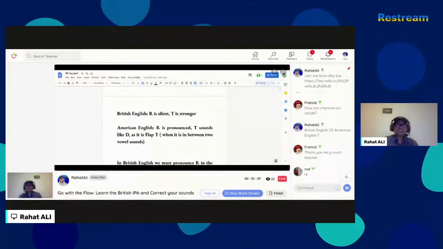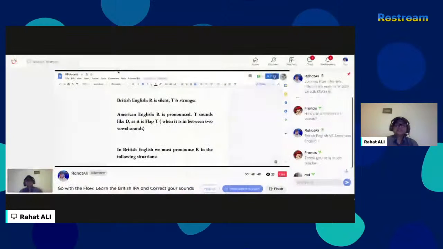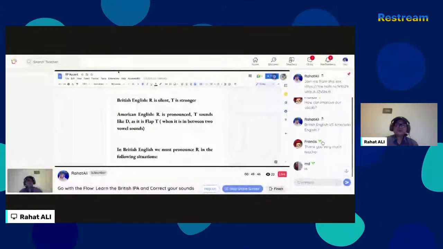Depending on the word structure and word formation, it can be pronounced as ta, cha, and sha. On the other hand, in American English, T is pronounced as D, which is called flap T. And this is pronounced when it is in between two vowel sounds.